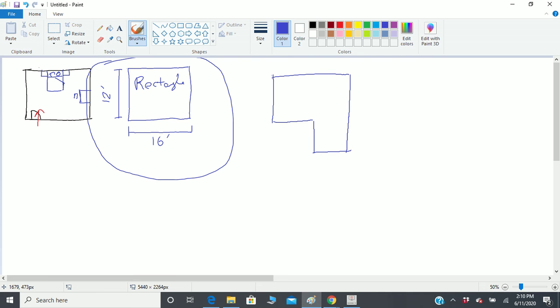If you have a room that looks like this, make sure you draw it like this. So I want you to measure first how many sides there are. For example, this is 12, this is 16, this is 13, this is 12, this is 28. So I want you to measure all of them.